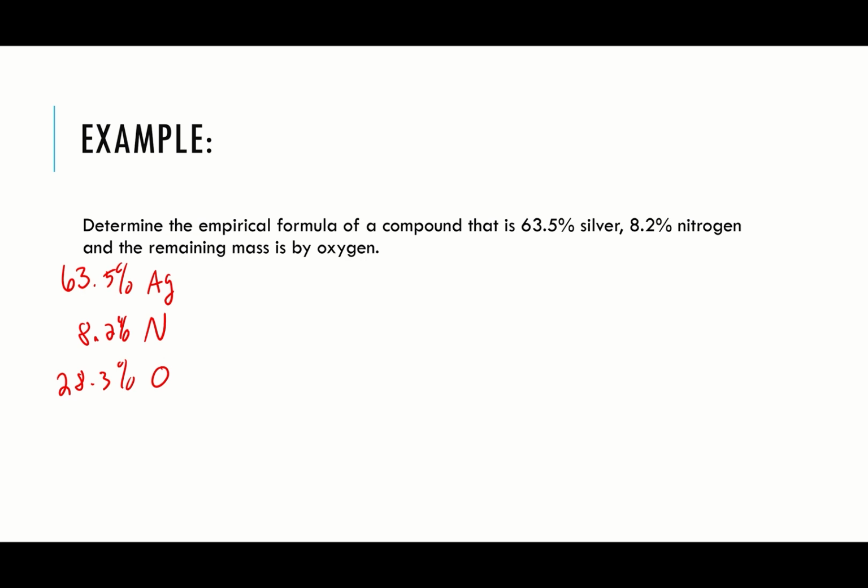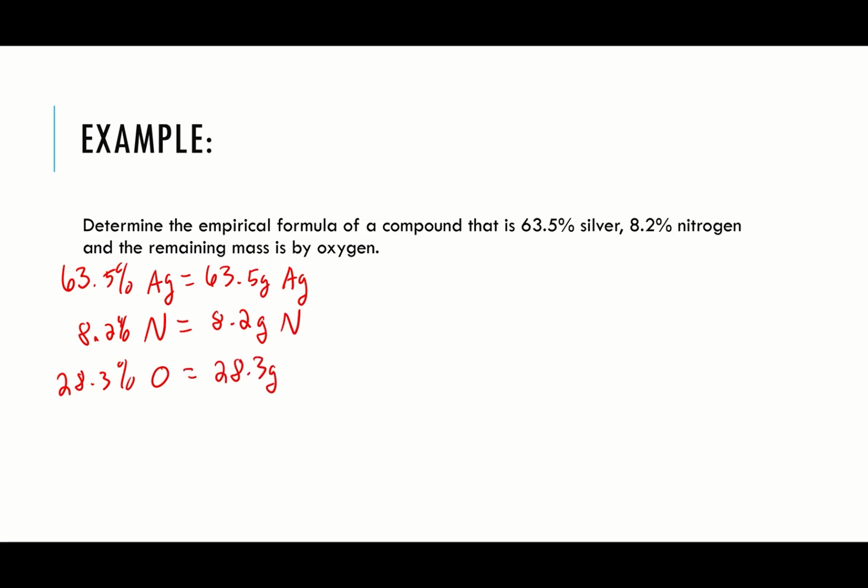So going back to our steps, we're going to first assume that we've got 100 grams of the sample. If 63.5% of the sample mass is silver, well, in a 100 gram sample, I would have 63.5 grams of silver. By using 100 grams, we can essentially just convert these percentages into grams.